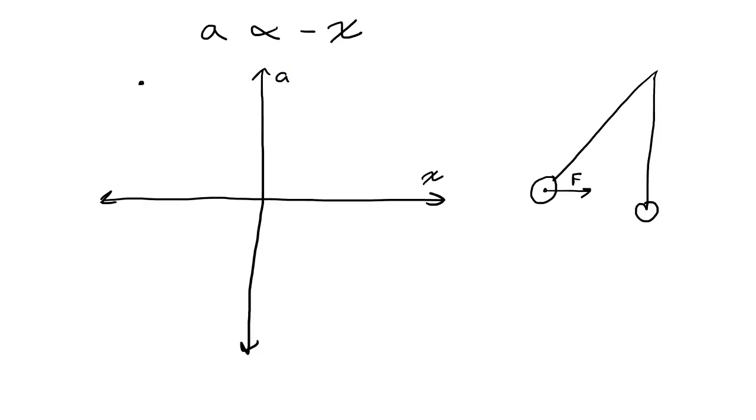If I were to push my pendulum the opposite direction, so my pendulum is at its greatest displacement to the right, my restoring force and therefore my acceleration would point to the left. So when my displacement is most positive, my acceleration is at its most negative. So I put a point there.